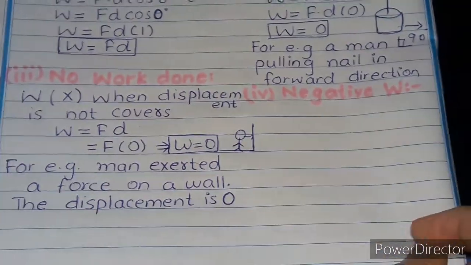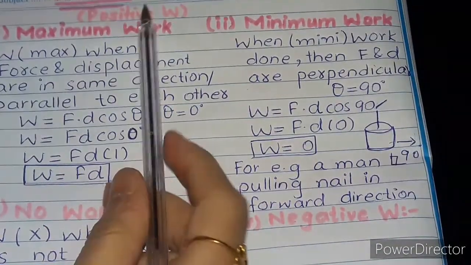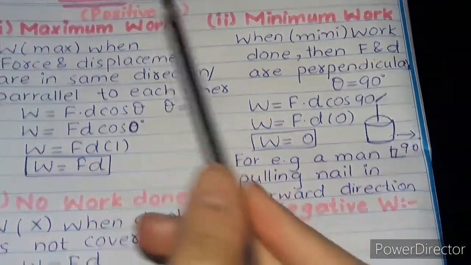Now the fourth and the last case is negative work done. The maximum work done can be taken as positive work done as well.